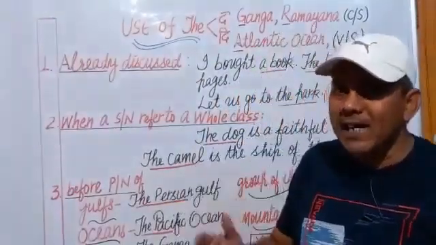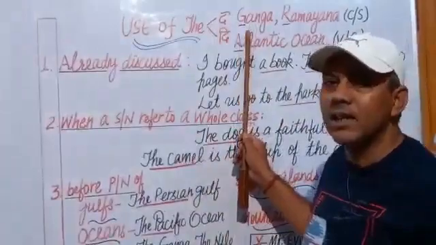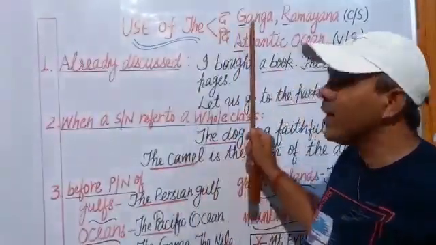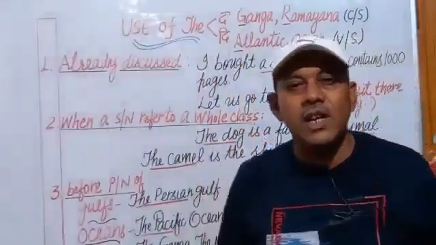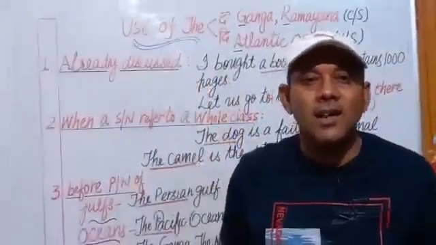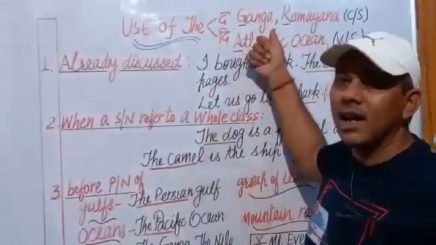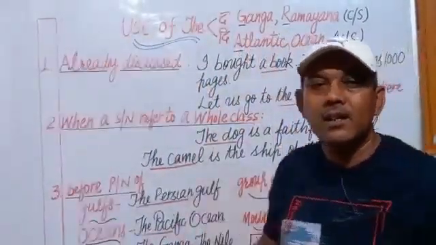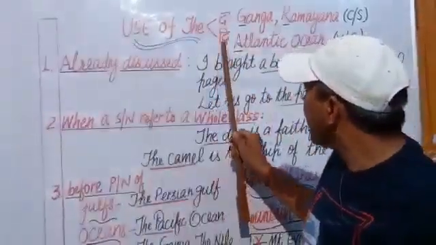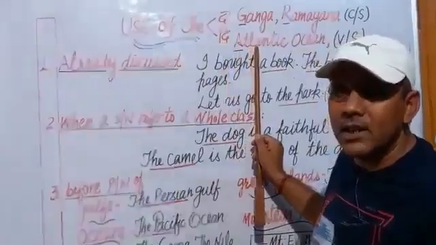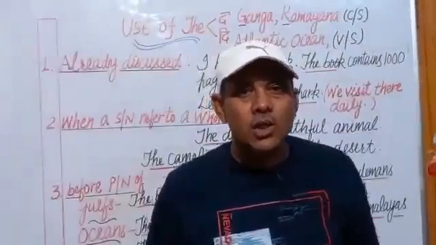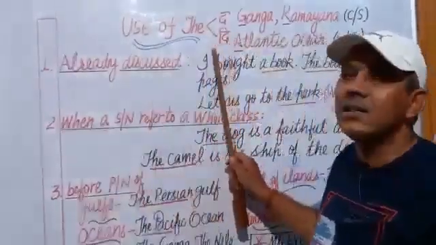But it depends upon the following word after the. If the following word begins with a consonant sound, we shall pronounce it thuh. For example, the Ganga, the Ramayana, the Bible, etc. But if the following word begins with a vowel sound, it is pronounced as thee.